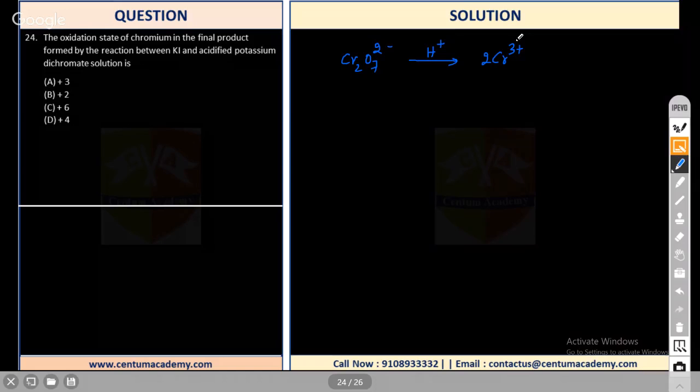So it always converts into +3 oxidation state. Answer will be A. That is it. You don't have to write down the reaction and all. Understood? Okay, next question you see.